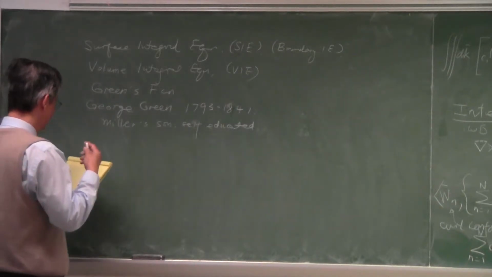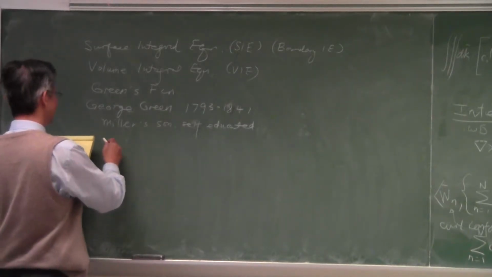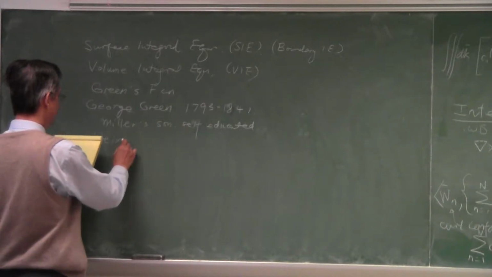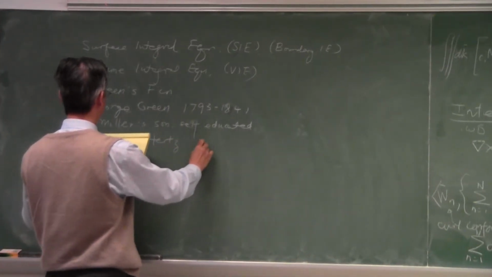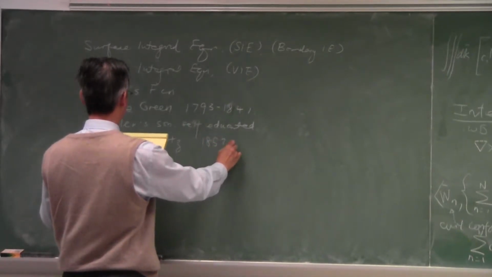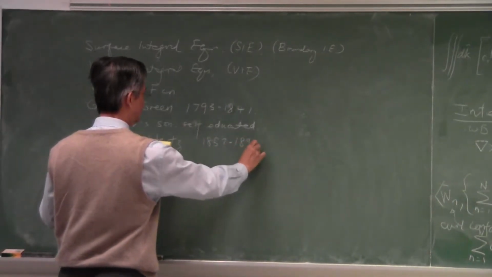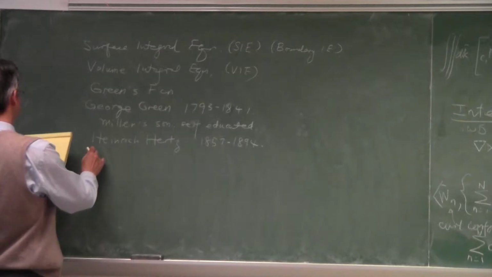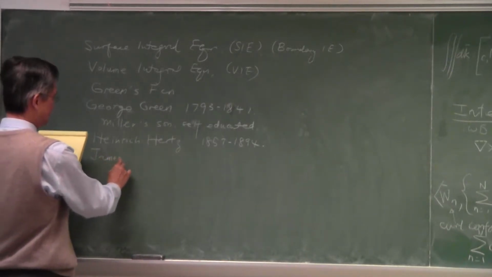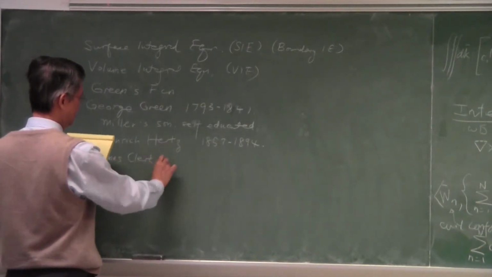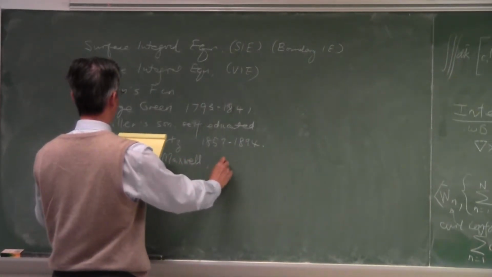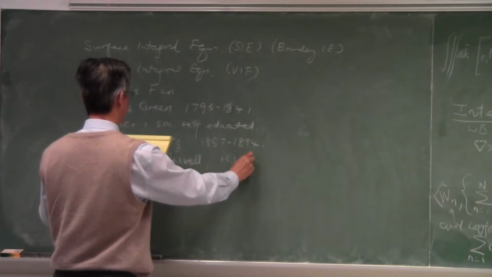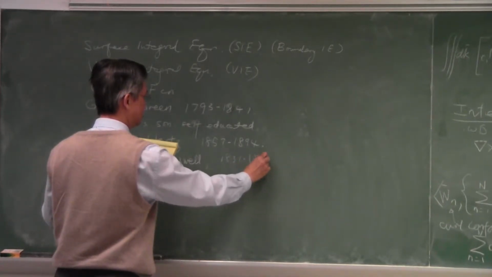But surprisingly, there are also other geniuses who lived during the period and they didn't live very long. Heinrich Hertz is from 1857 to 1894. Then of course James Clerk Maxwell lived from 1831 to 1879.